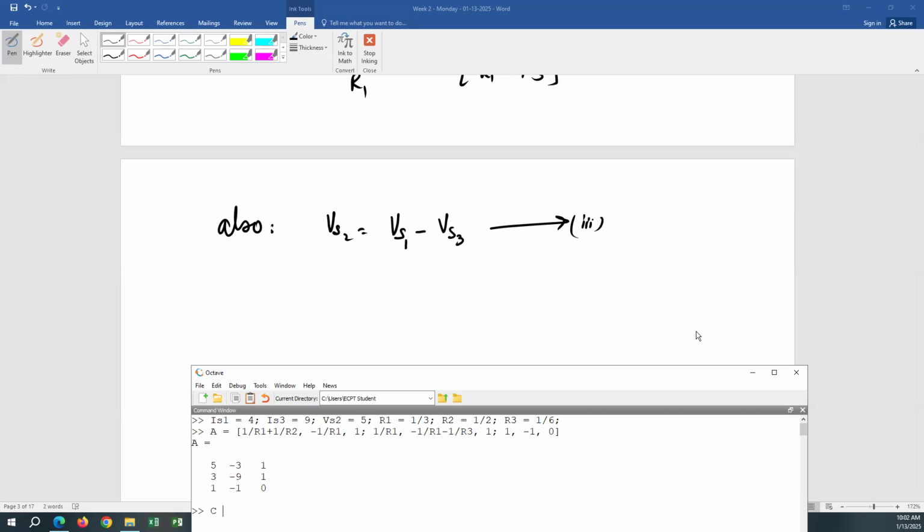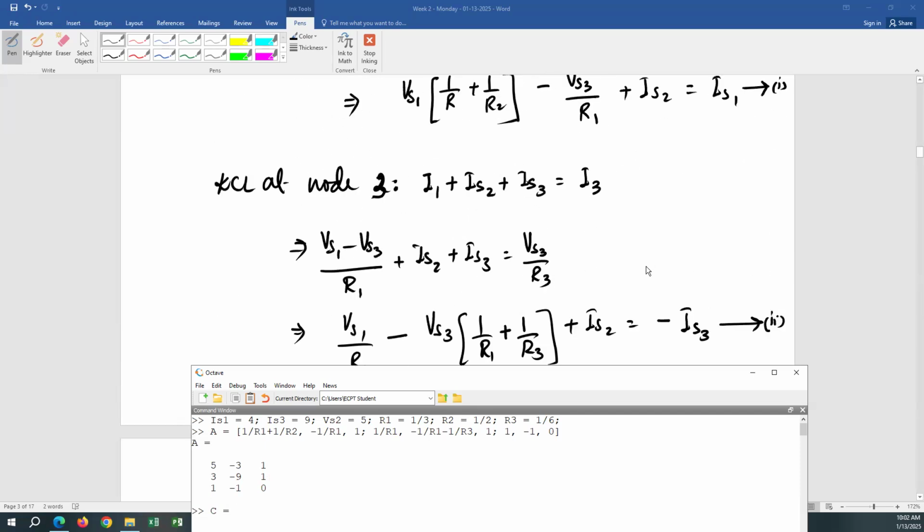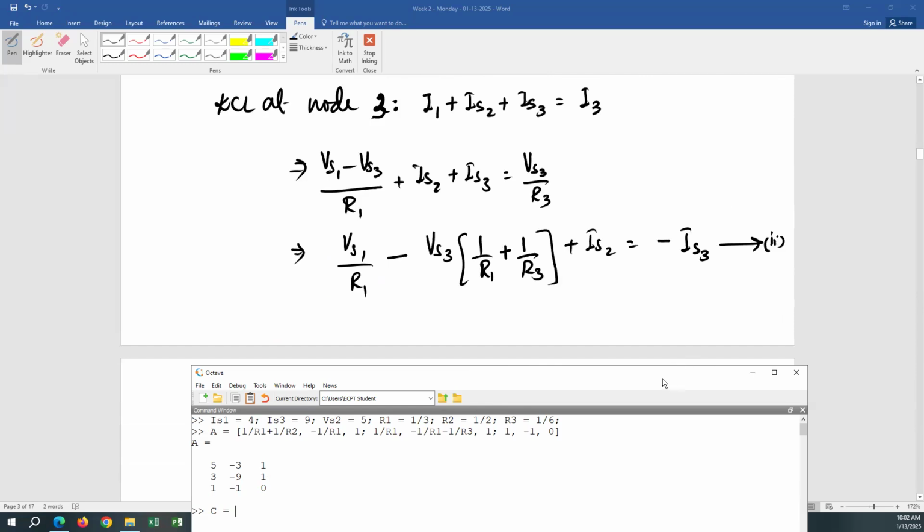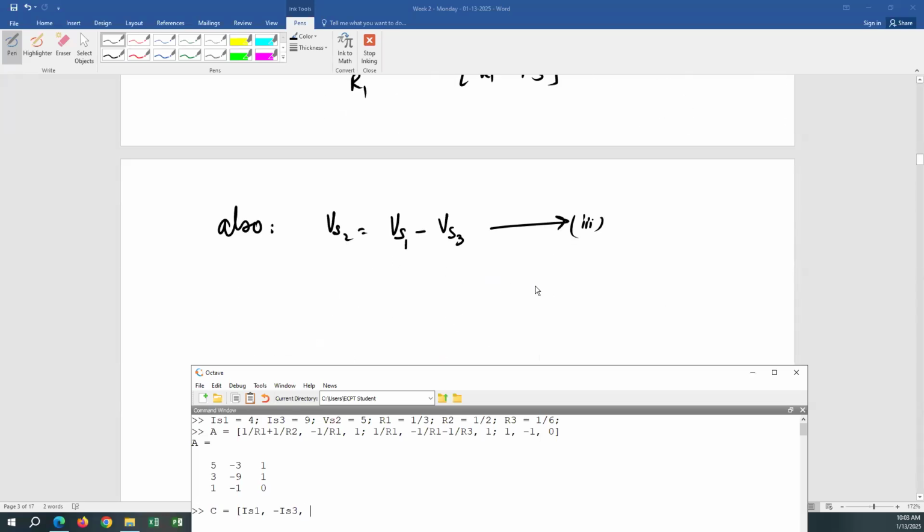And my constant vector on the right-hand side: from equation number 1 it is IS1, from equation number 2 it is negative IS3, and from equation number 3 it is VS2. It's a column vector. I made a row, so I'm going to put an apostrophe to make it a column vector.